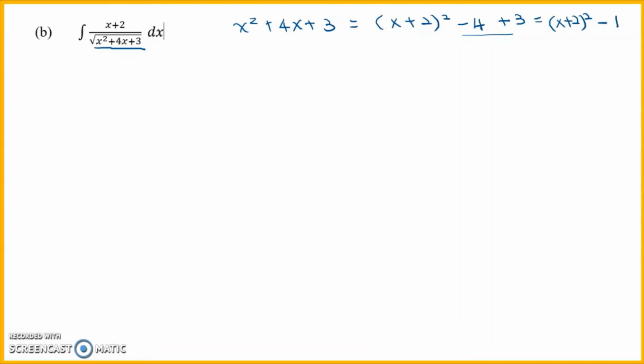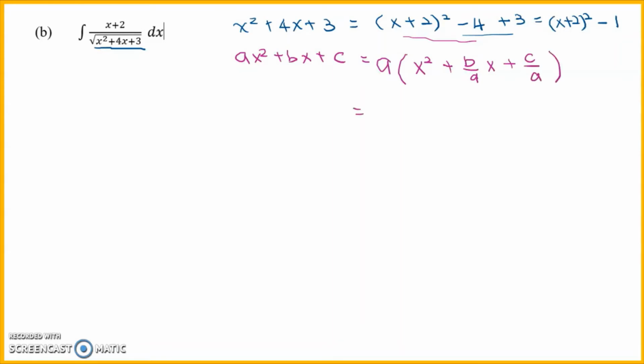The way I rewrite it is as follows, for quadratic equations. Let's say I have ax squared plus bx plus c. If I want to rewrite it in a form like this, I can take the a out first, and then I have x squared plus b over a x plus c over a.